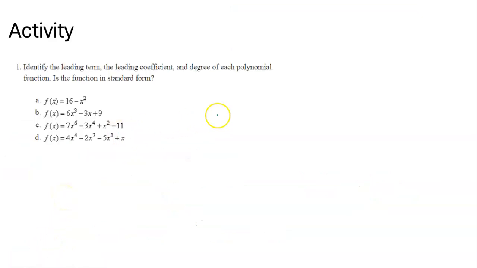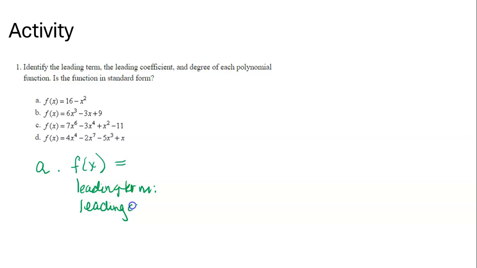So on this page, here's what we need to do. We're trying to find the leading coefficient, degree, and leading term, and whether it's in standard form. I'm going to write whatever the function is, leading term, leading coefficient, degree, and standard form.